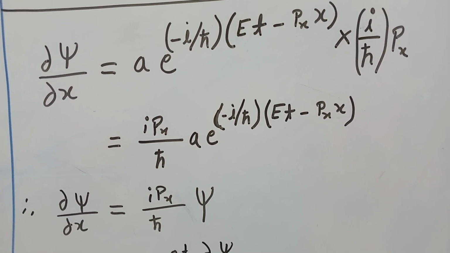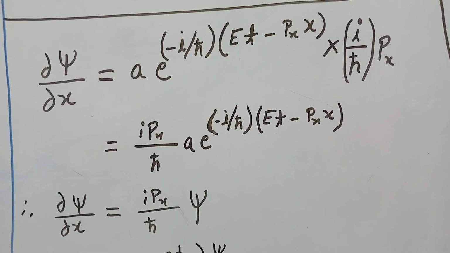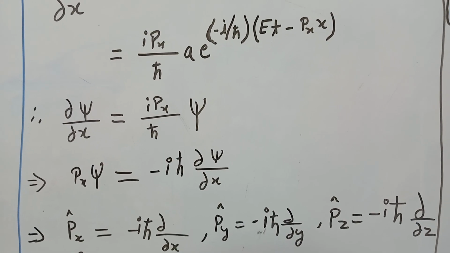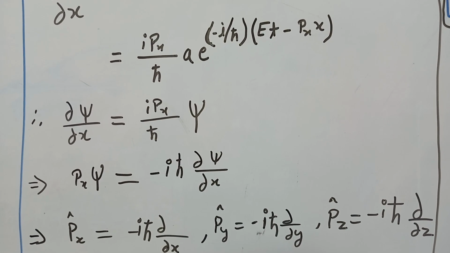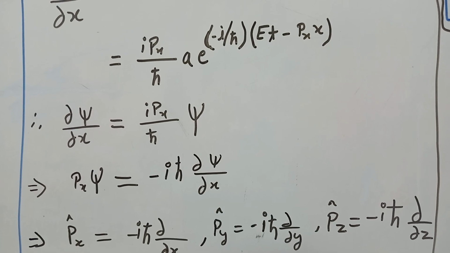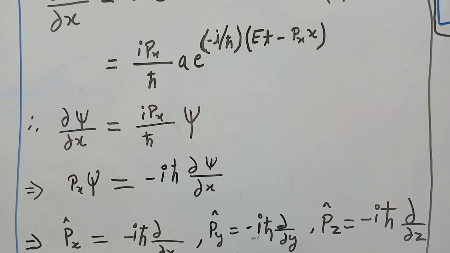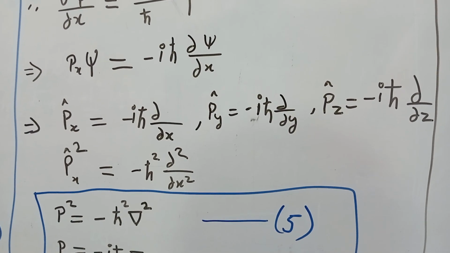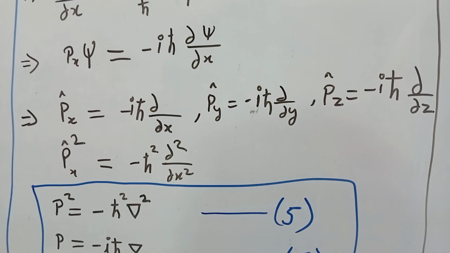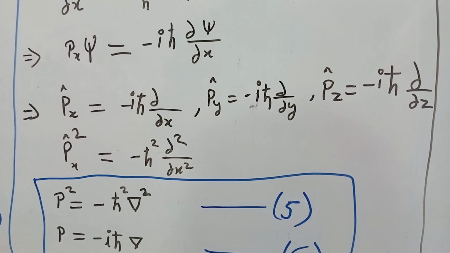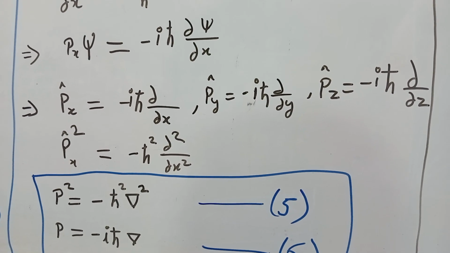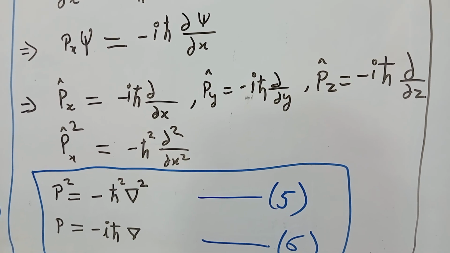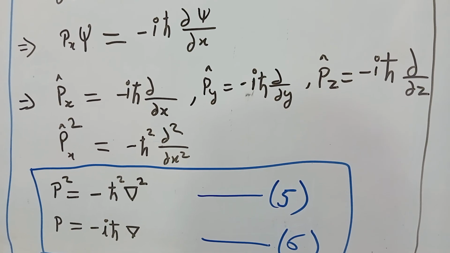So when we differentiate psi with respect to x, after some simplification, we can say del psi upon del x equal to minus i px upon h cut into psi, or px psi equals minus i h cut del psi by del x. Similarly, the operator for momentum in x direction, that is px, is minus i h cut del by del x.